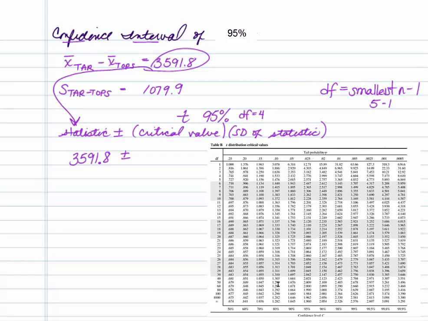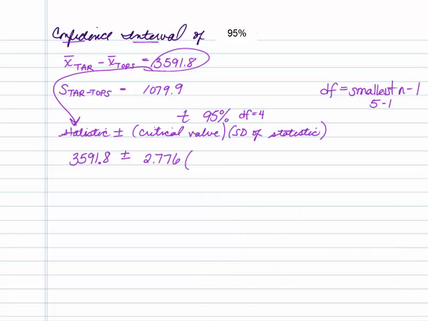And I am looking under or above the 95%. So when I look through that t-chart, 4 across for 95%, I am getting 2.776.